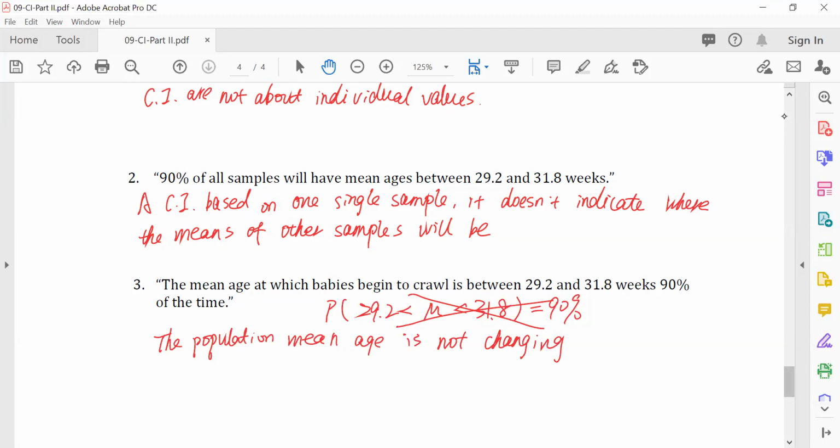Remember when I first talked about it, before the spring break, I was using the average height of the students in our class as the example. If I collect one sample and calculate the confidence interval, say from 5.8 to 6.2, it doesn't mean the probability that the true average height is between 5.8 and 6.2 is 90%. That true population mean doesn't change.